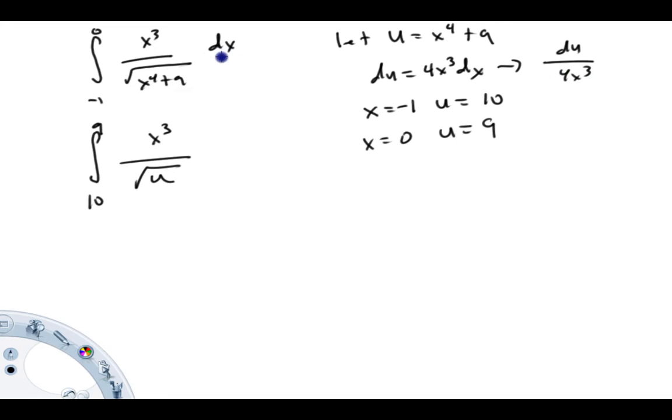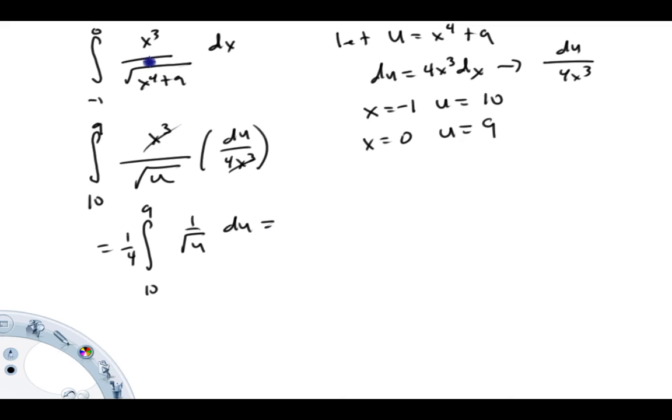So I'm just going to sub that in for my dx: du over 4x to the third. You'll notice that the x to the thirds now divide out. So what we're left with is the integral from 10 to 9, with a 1/4 in front, of 1 over root u du.